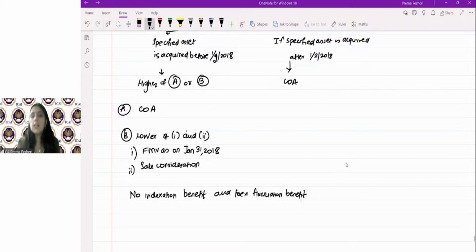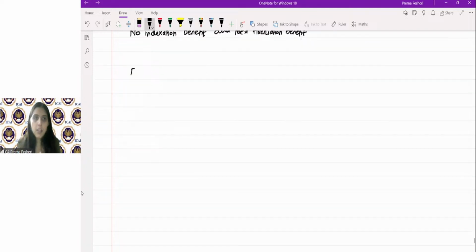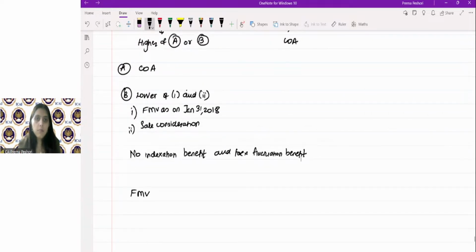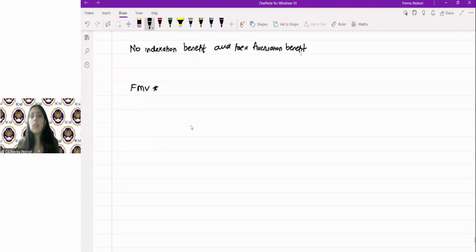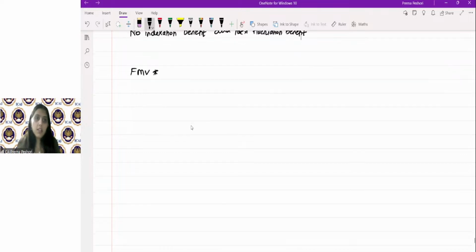Now, here we have mentioned the lower of FMV and sale consideration. What is the fair market value over here? Let's try and understand. In case of listed shares, what is my fair market value?